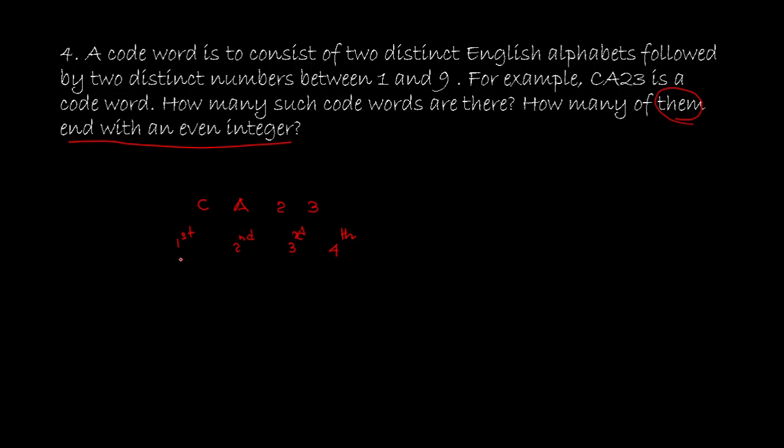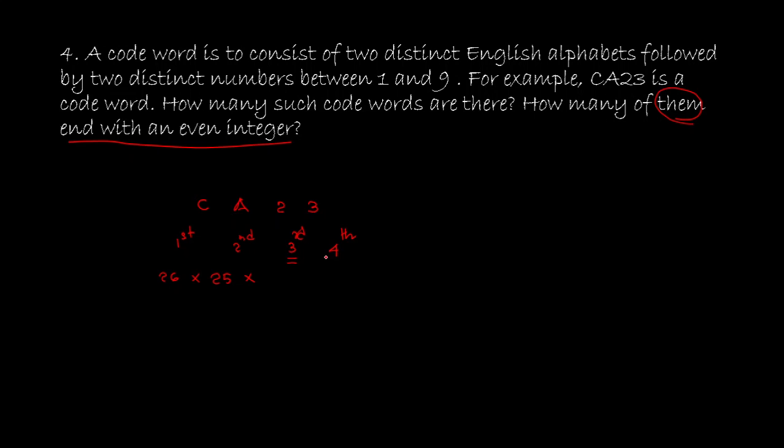There are no problems for first and second place because they are alphabets. So the first place can be selected from 26 alphabets. Then the second place is also an English alphabet, so we can choose one from the remaining 25 alphabets.